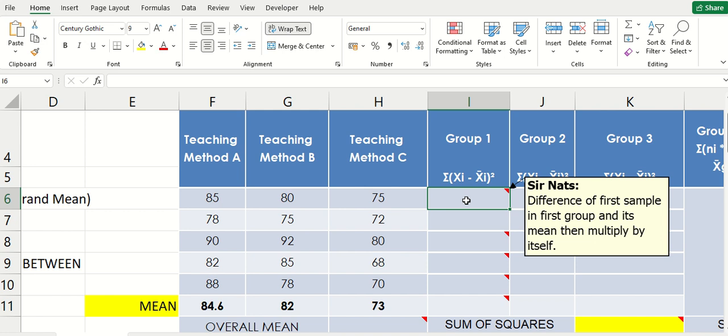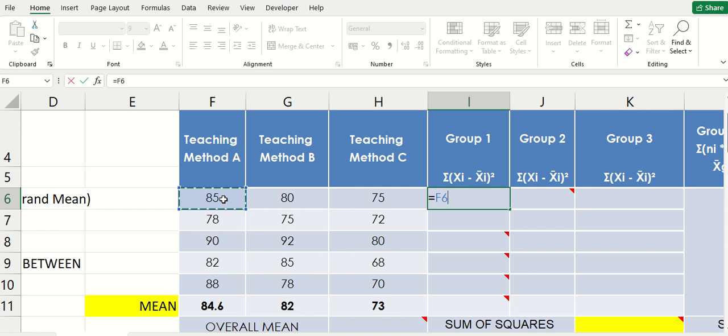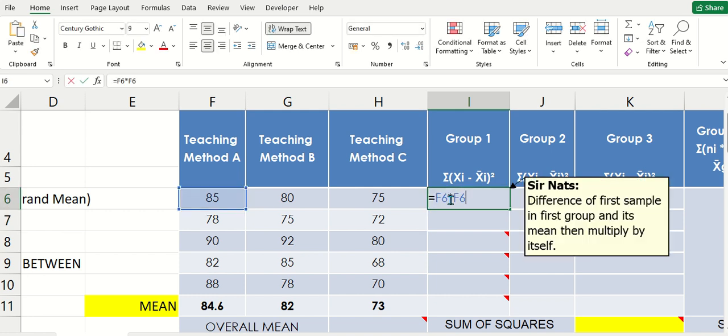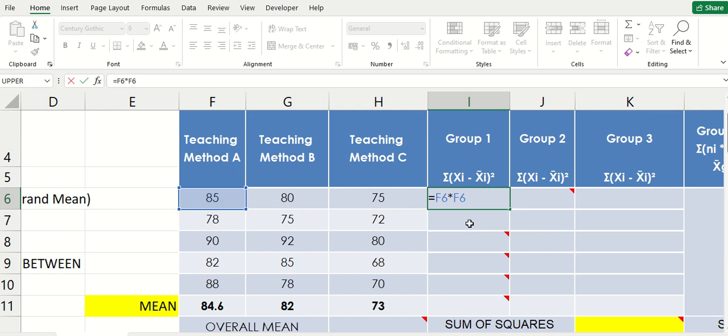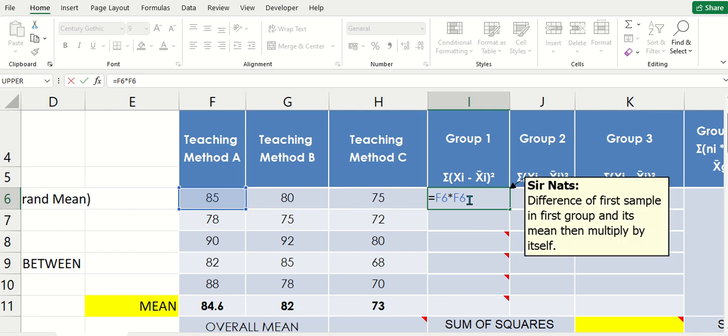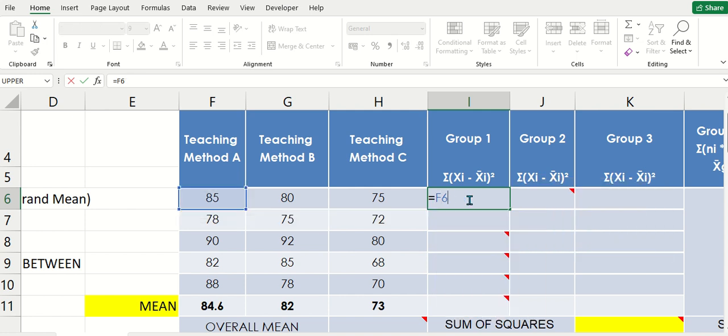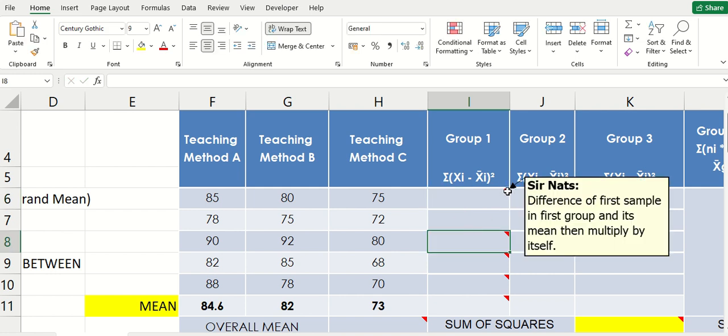We need to do this like this, please take note. We have the formula here, and I can just show you how to do it. We get first the difference of the first sample in its group and its own mean.